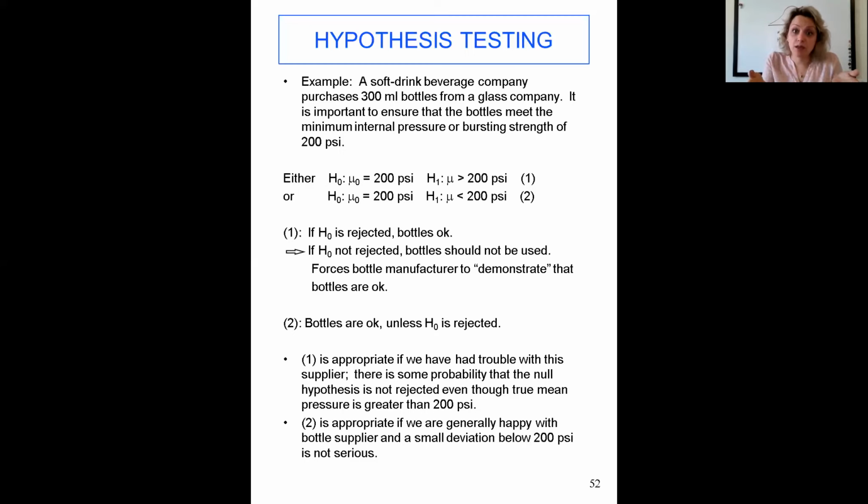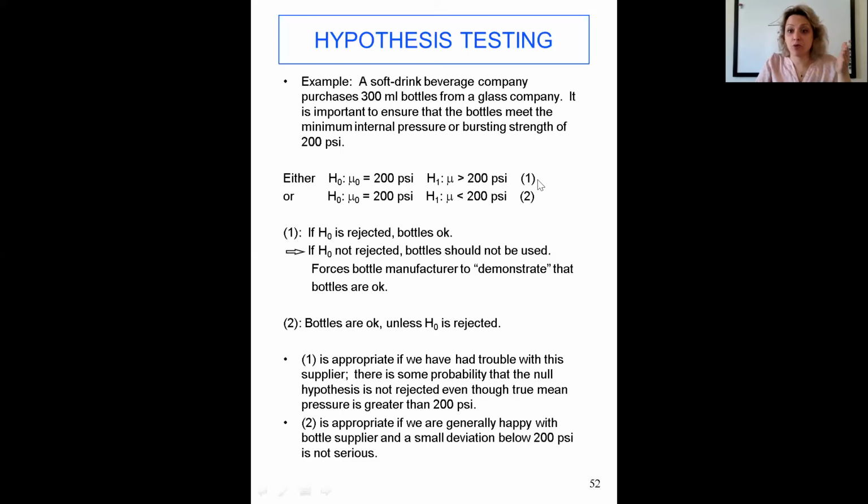In my opinion, this one makes more sense as well, because the critical point is important for you. If I'm looking for the minimum internal pressure, the minimum would be 200, so I'm looking for greater than 200. If the situation is one-sided and the minimum is important to me, I want to go with the first one.